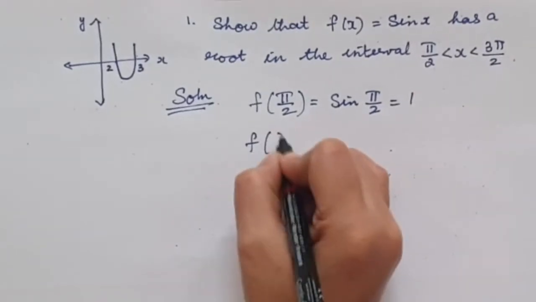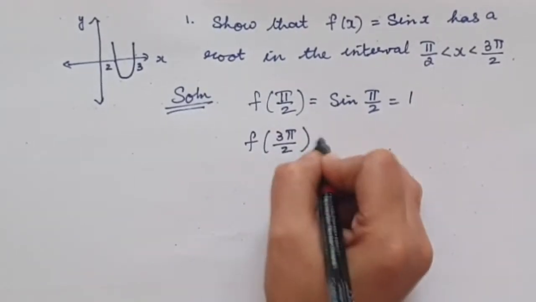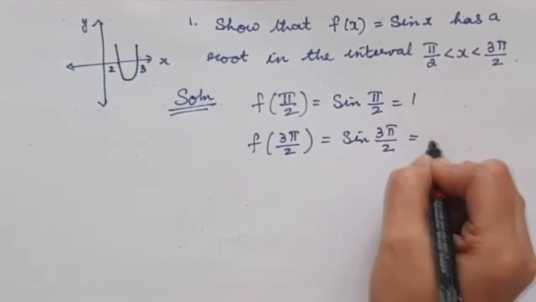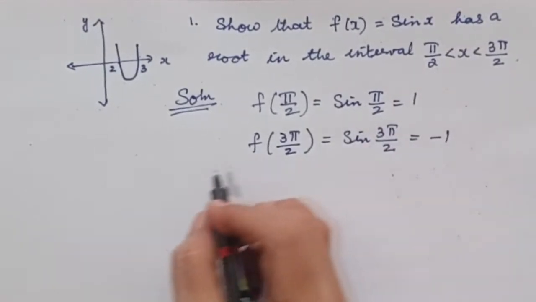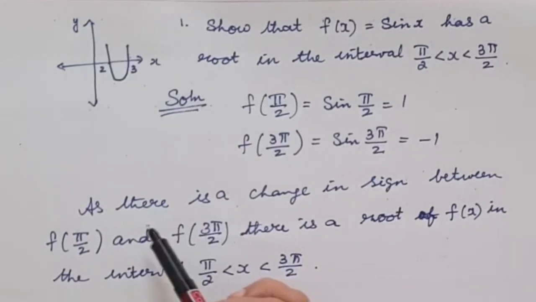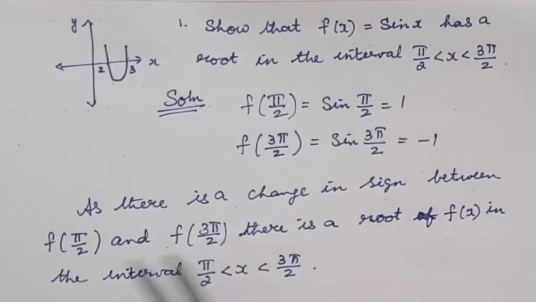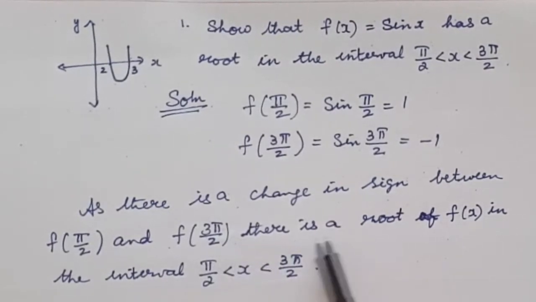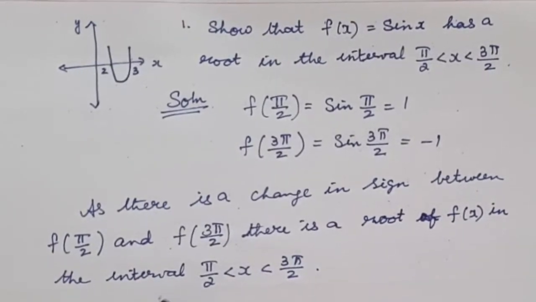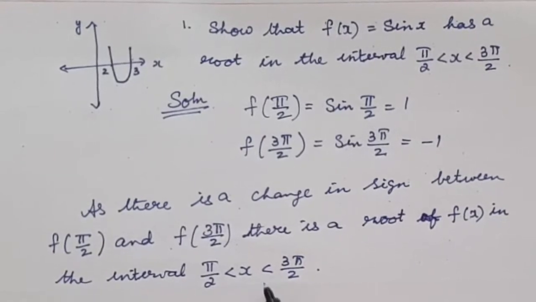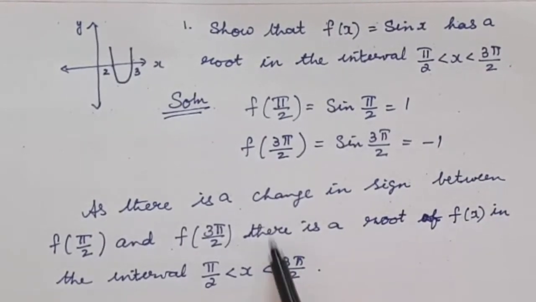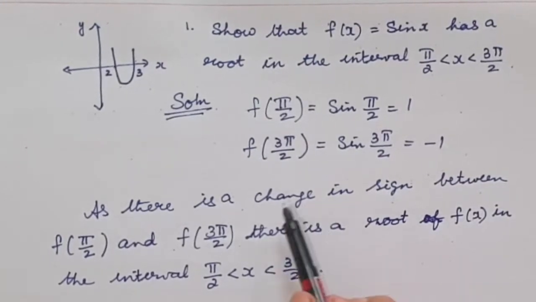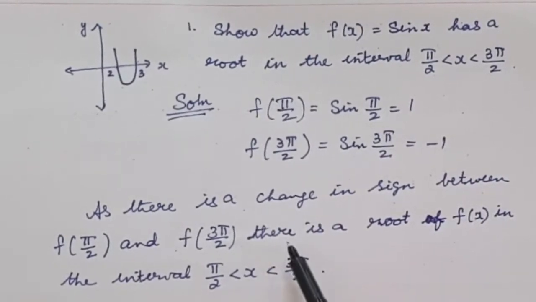The same way, f of 3 pi over 2 will be equal to sin 3 pi over 2, so we get our answer as negative. So we need to write that there is a change in sign between f of pi by 2 and f of 3 pi by 2. There is a root of f of x in the interval pi by 2 less than x less than 3 pi by 2. Writing the statement is very important. If you don't write that, then you will not be getting the full marks for this question.